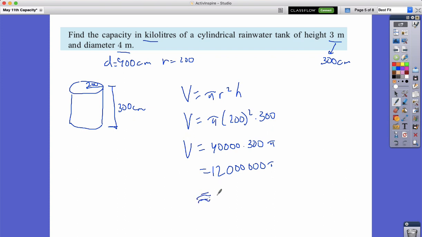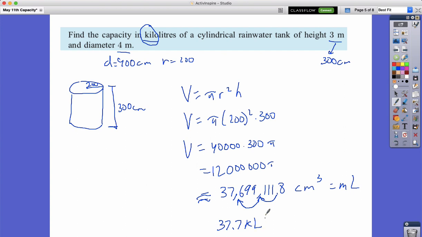It's approximately, because I'm rounding this decimal, 37,699,111.8 cubic centimeters. Remember that equals milliliters. So if we want kiloliters, we divide by 1,000 to get liters, and we divide by another 1,000 to get kiloliters. So this is 37.7 kiloliters.